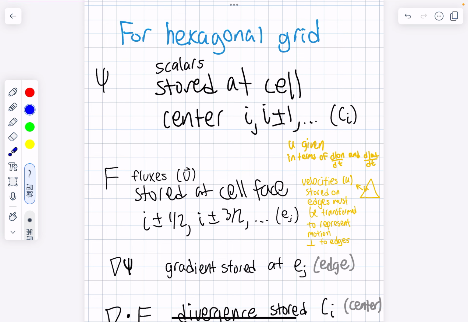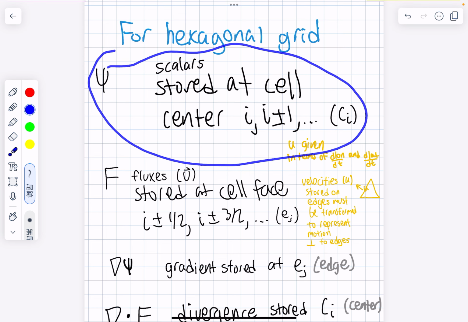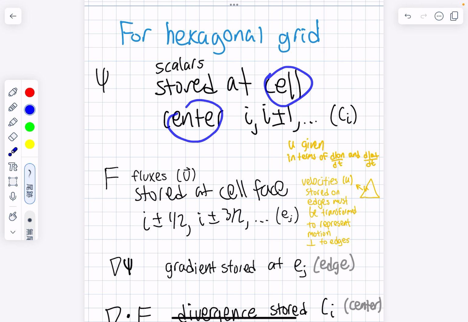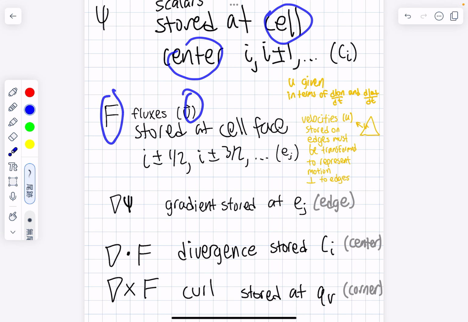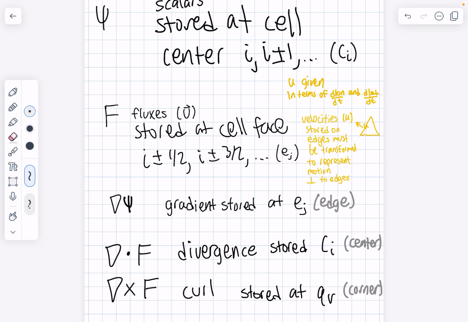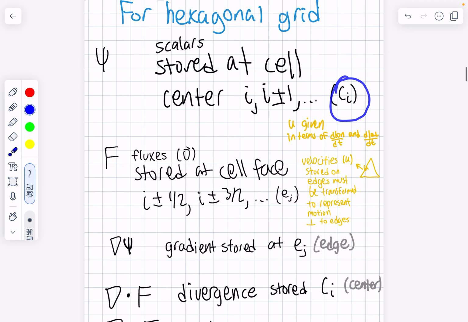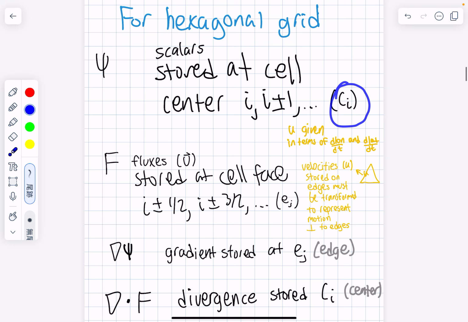Because it's Arakawa C-Grid, scalars, like we said, are stored at the cell center, and fluxes like velocity u are stored at the cell face. Okay. And we talk about cell center as Ci, so the first cell center would be C1.